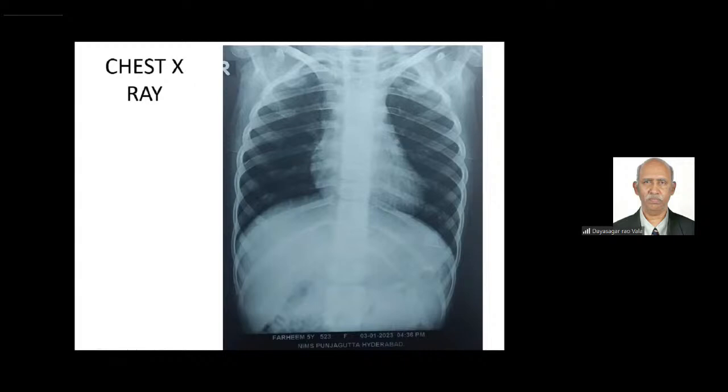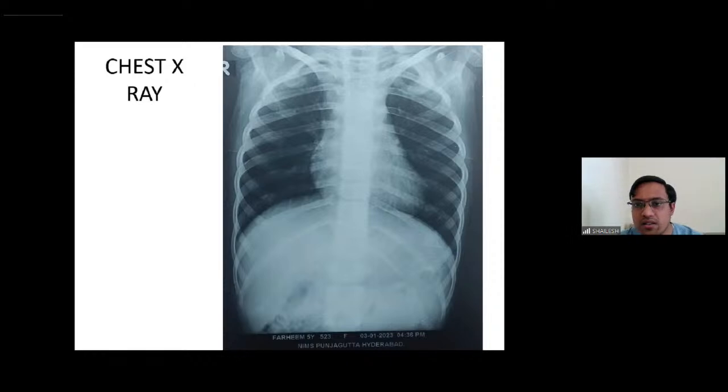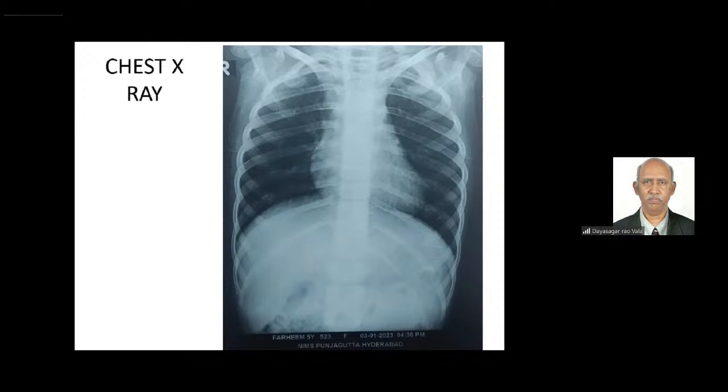Sir, in case of valvular pulmonary stenosis, there is usually a post-stenotic dilatation of the... No, why is this absent here? You're telling that this is a patient of VSD-PS, and the pulmonary segment, the pulmonary bay, is not present. So what is the implication?